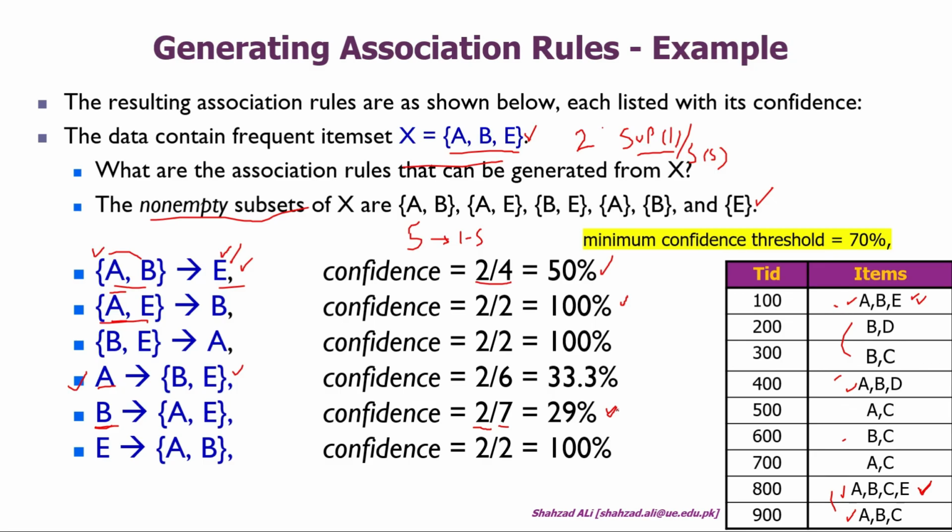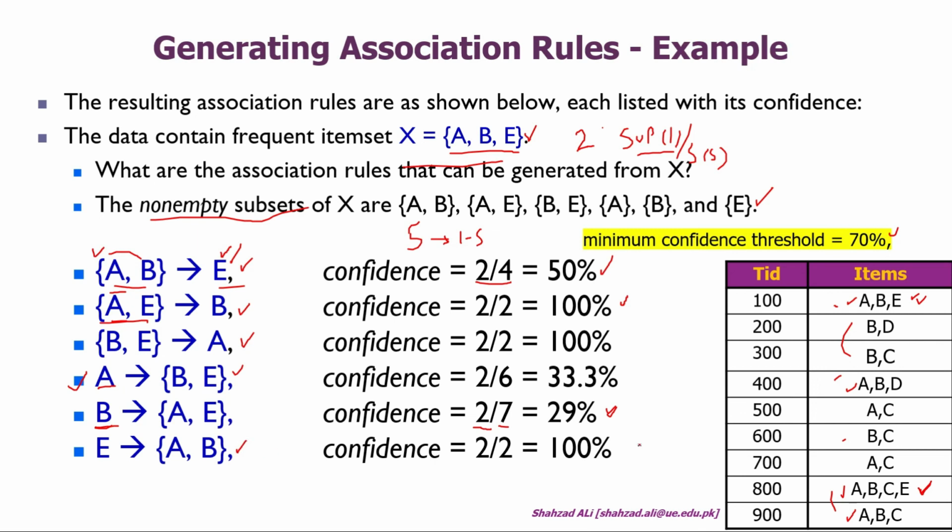Okay, so if we consider the minimum confidence threshold to be 70%, then according to this scenario, we have only 3 rules that are good or interesting for our scenario, which are rule number 2, rule 3 and the 6th rule.